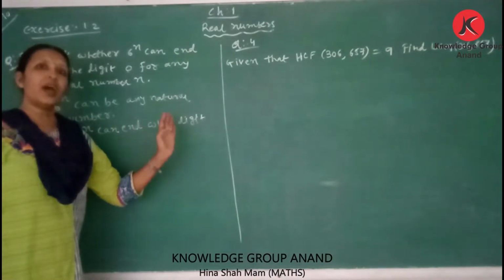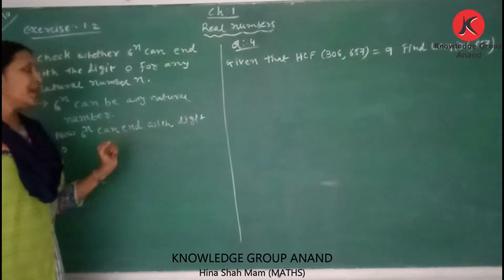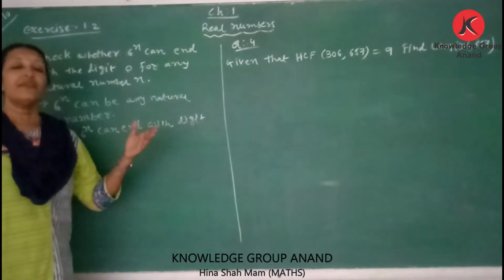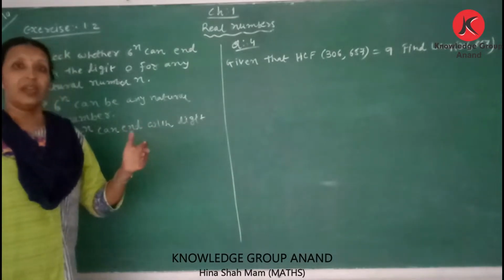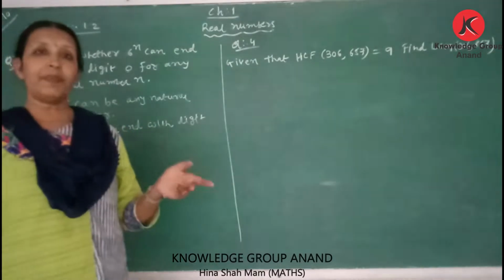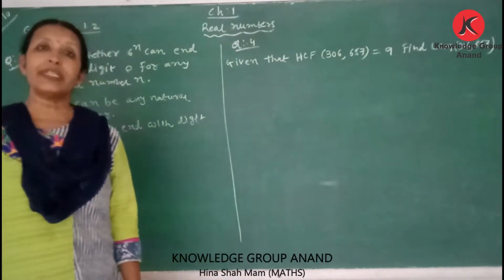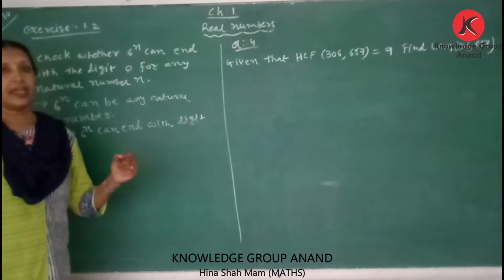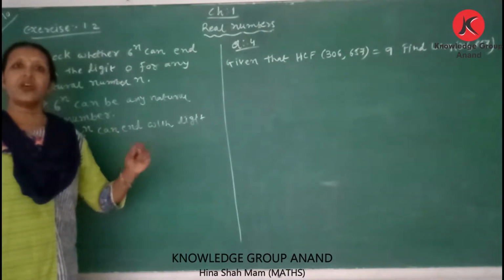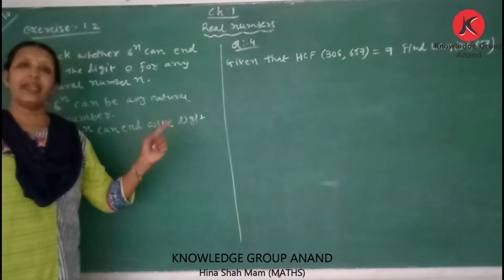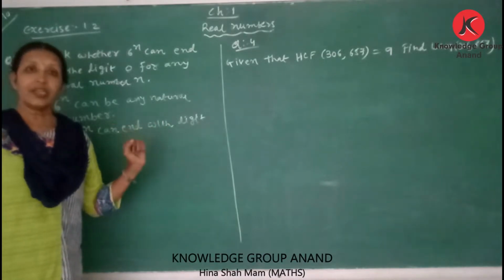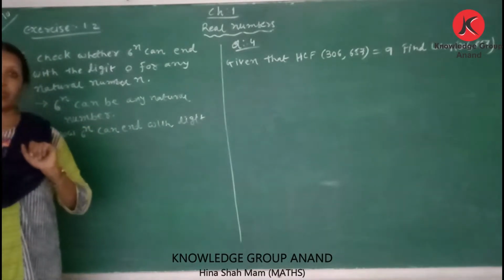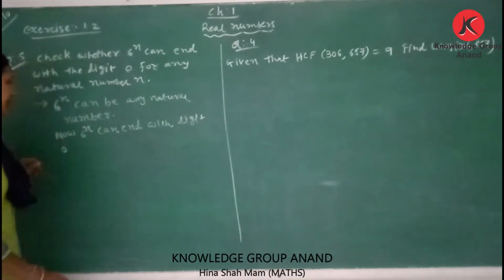The exponent of 5 and 10 ends with digit 0. Or which number's multiple ends with 0? 10 numbers end with 0, and 5 numbers end with 0. But here we know prime factors. 5 is a prime number, 10 is not a prime number.